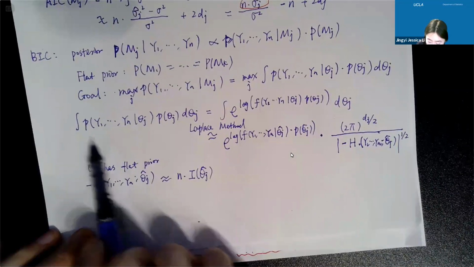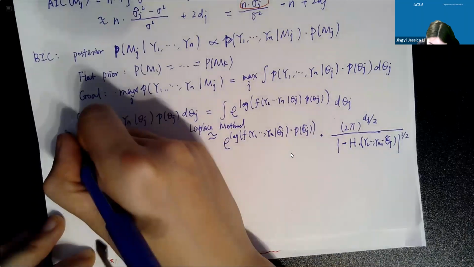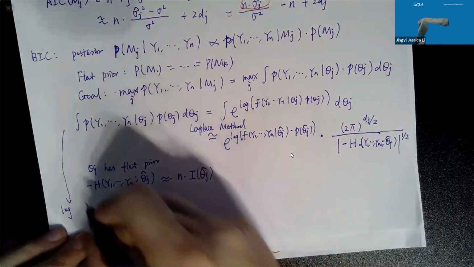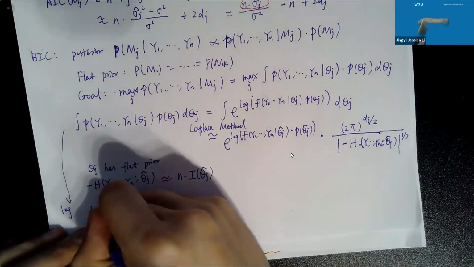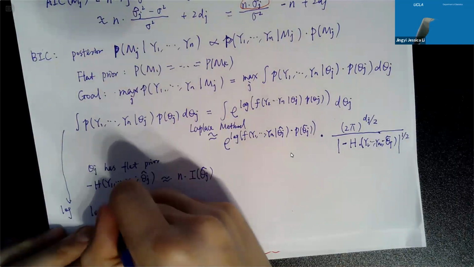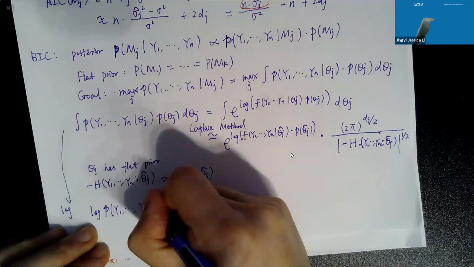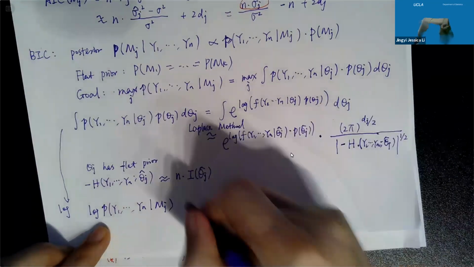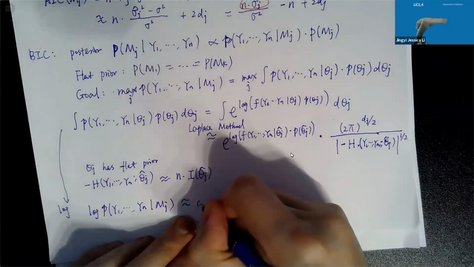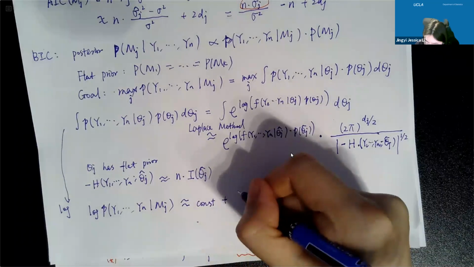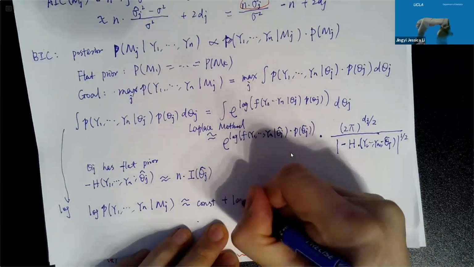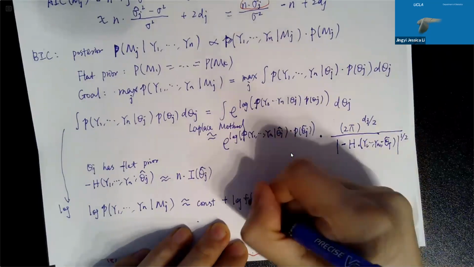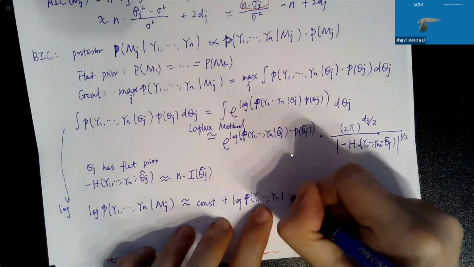So you see, once I take the log of this part, what I would have is that the left-hand side, the log of the probability of y1 to yn given model Mj, which is the quantity I want to maximize here, can be approximated by some constant, which I'm just going to drop, plus this thing, log p, sorry, the notation is a little bit messed up, the joint probability of y1 to yn at the MLE.